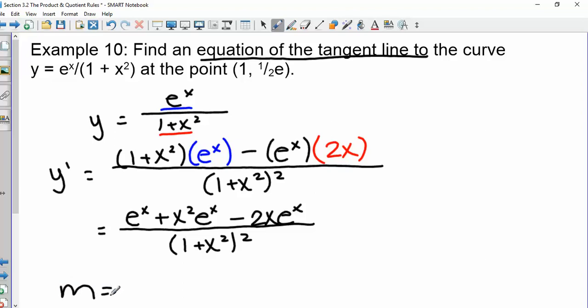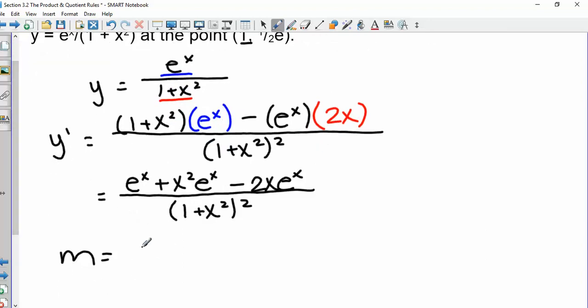So the slope, to get an actual number for my slope, what am I going to do? Plug in the point. Yeah. So if I plug in, my x here is 1. So if I put in 1 for all my x's, I get e to the first, which is e, plus 1 squared times e is still e, minus 2 times e, over 2 squared, which is 4.